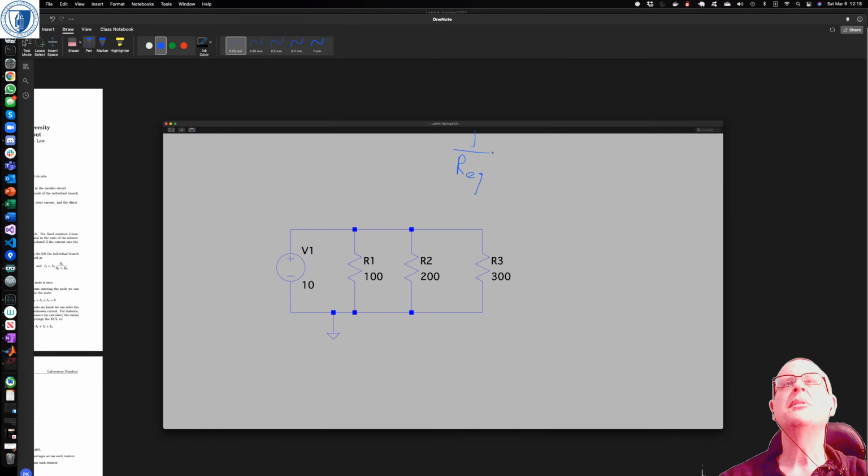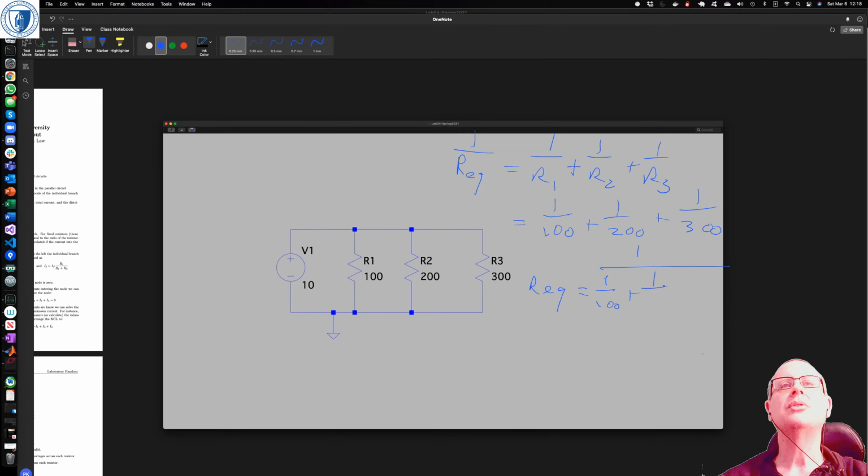Remember, 1 on R equivalent is equal to 1 on R1 plus 1 on R2 plus 1 on R3, which is 1 on 100 plus 1 on 200 plus 1 on 300.